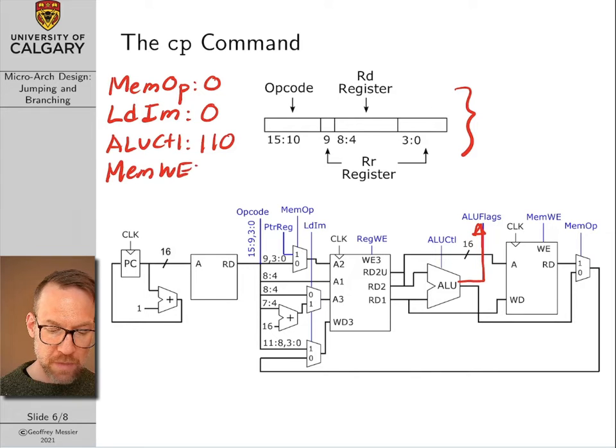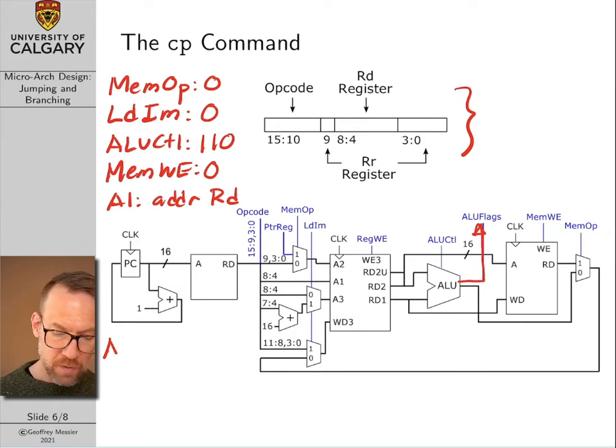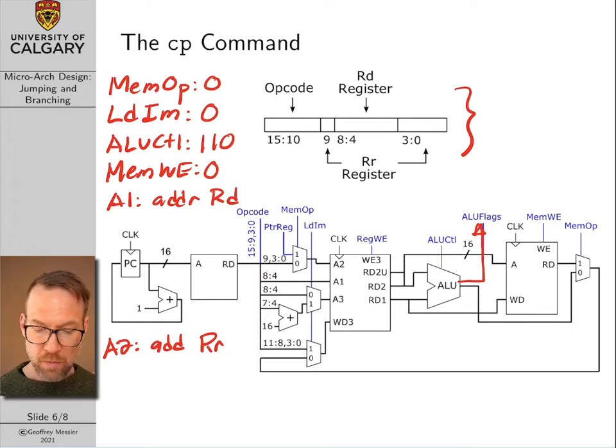We don't want our data memory to be changed, so we would set that to 0. And A1 would be the address of our first register. A2 would be the address of the second register that we're comparing.